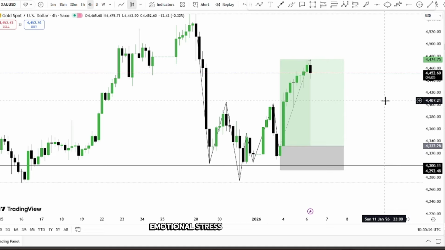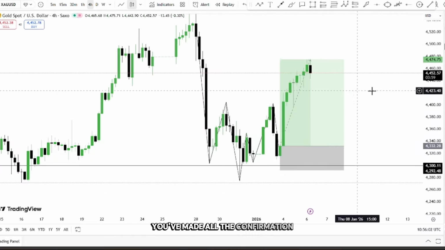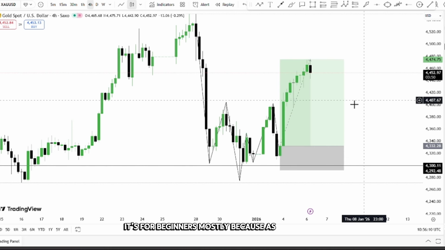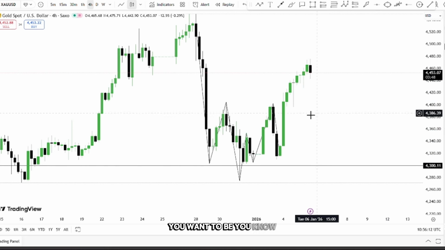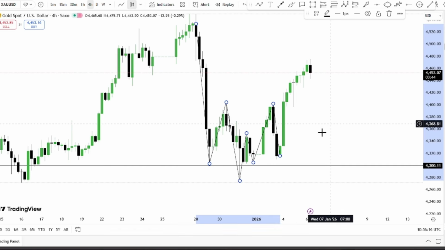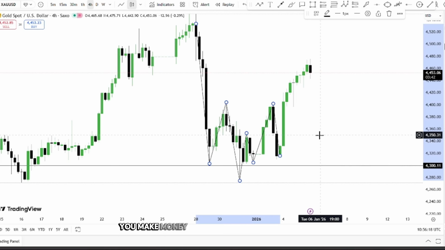The emotional stress is a bit less because you've made all the confirmation, so you're not worried that much. Then it's beginner friendly. It's mostly for beginners, because as a beginner you want to wait for confirmation. You don't rush and make decisions before your confirmation. You make money.